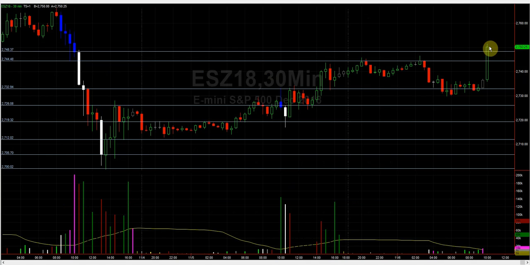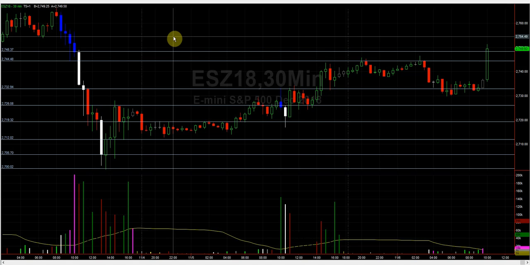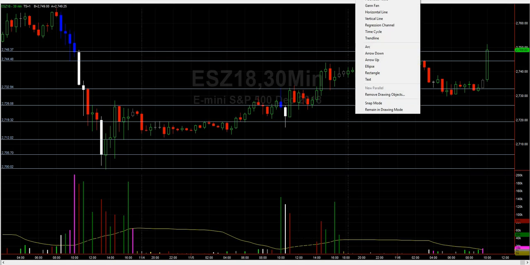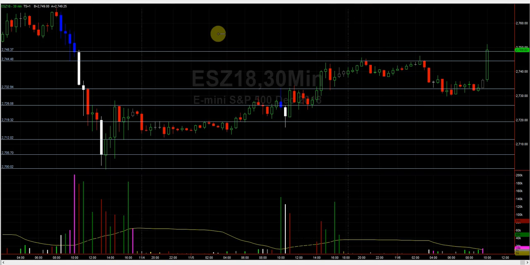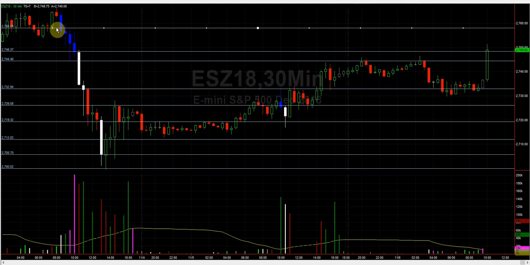If it maintains this penetration of that resistance area, then we look to the left, and we see that there's nothing really to stop it as far as resistance goes, at least until, in here we can put that line on now, until we get up to like this area. So now when we collapse the screen, this won't show, but that's the next area.